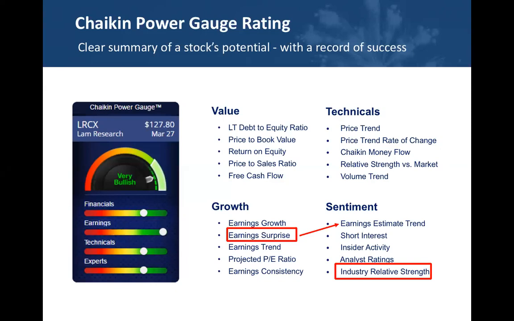So important to have the industry group trend, the wind at your back, if you will. So when you add these 20 factors up, we call it the Power Gauge rating, and it's done a really wonderful job, not just of finding the stocks that are most likely to go up, but also telling you which stocks to avoid. Will we miss an occasional winner? Absolutely, but as you'll see, at the expense of avoiding some major losses.